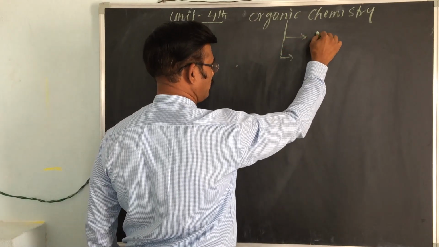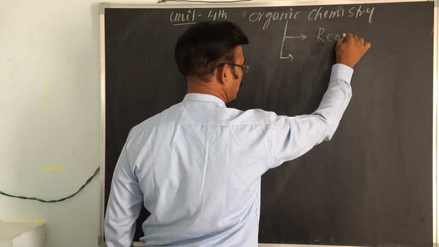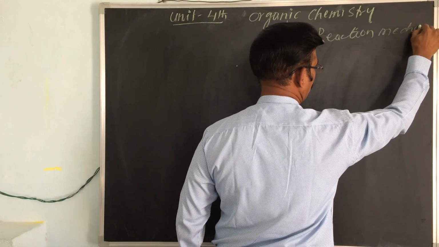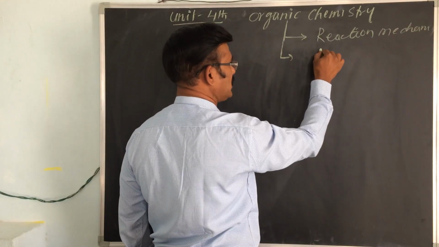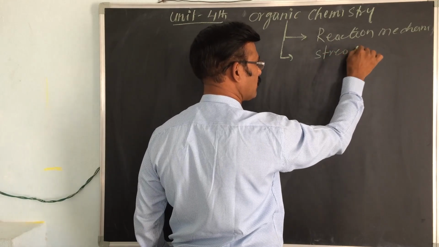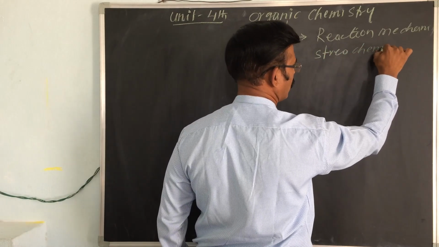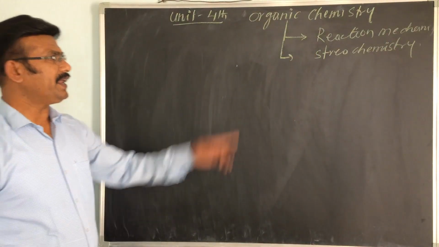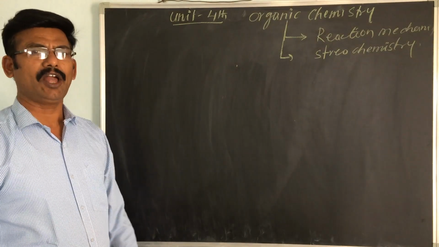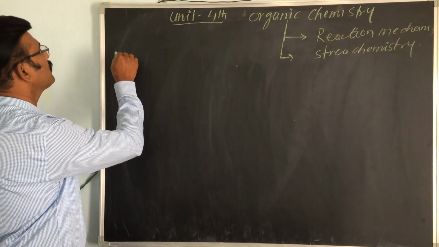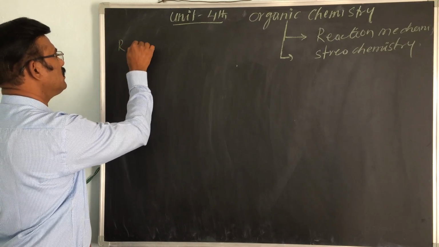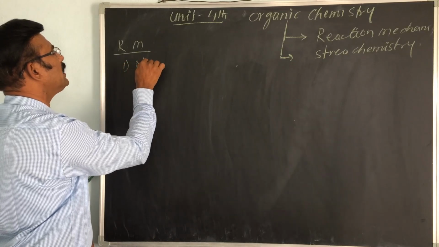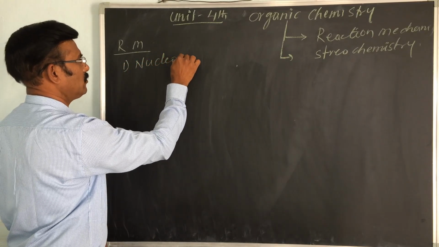The first part is the reaction mechanism, and the second part is the stereochemistry. In the reaction mechanism, our topic is nucleophilic substitution reaction. In this, the first topic is nucleophilic substitution reaction.